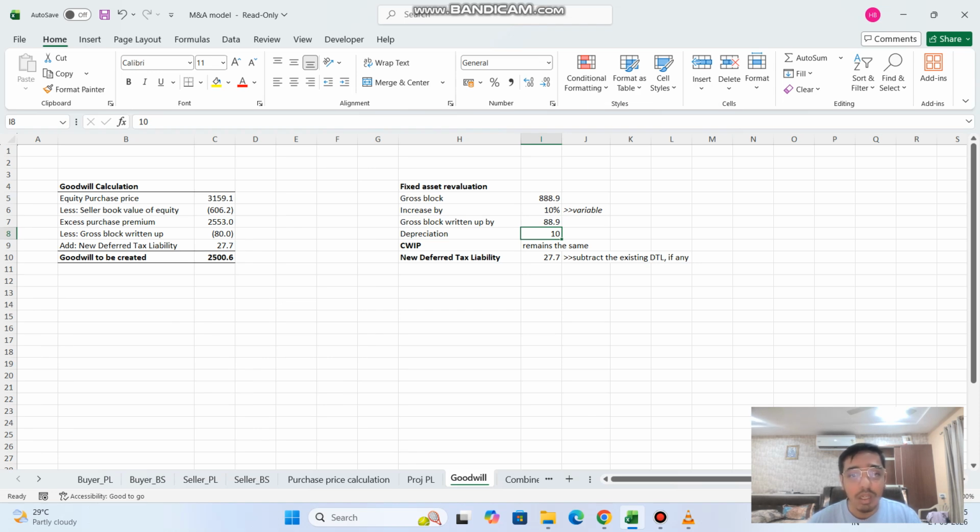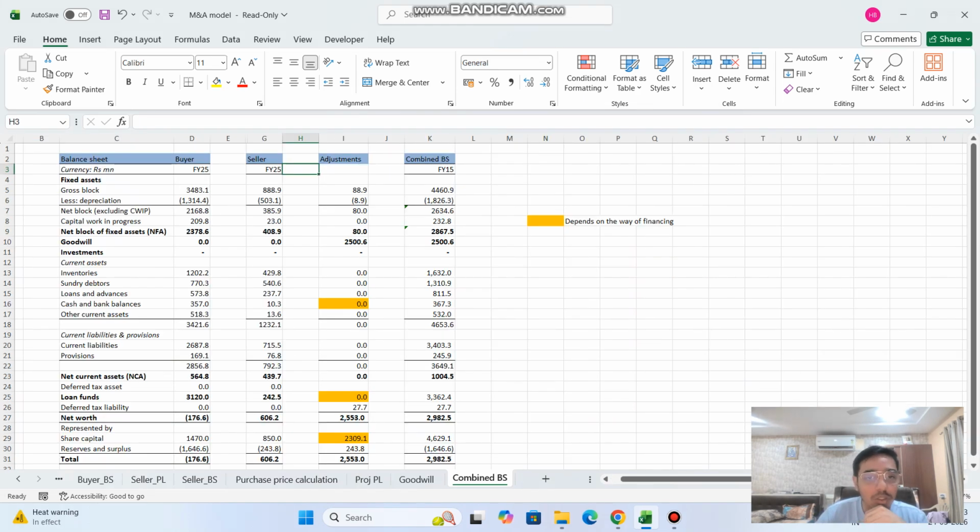Let's say we are using a straight line method, so the depreciable life is 10 years, so it will be 8.9 per year. So 88.9 minus 8.9, so the final addition will be 80, right? This is what you will be subtracting from your equity purchase price to arrive at your final goodwill figure.